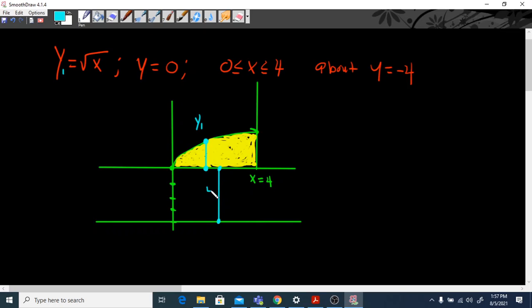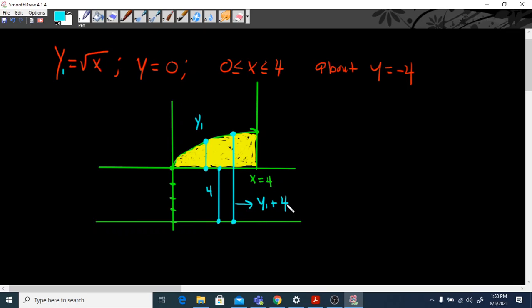This distance is 4. The thing that we are going to be spinning is this one. So if this is y1 and this is 4, then this has to be y1 plus 4.